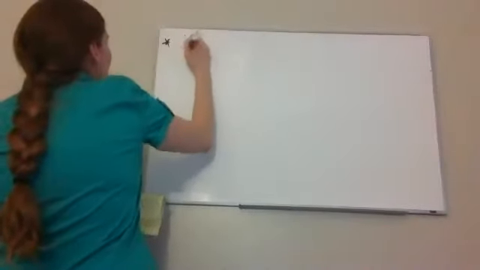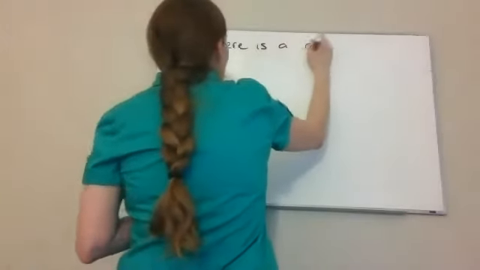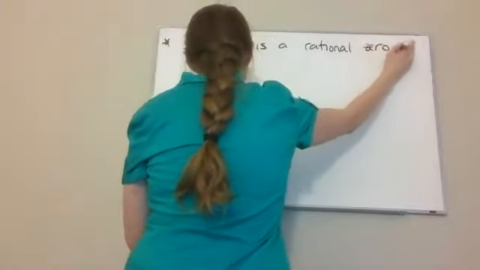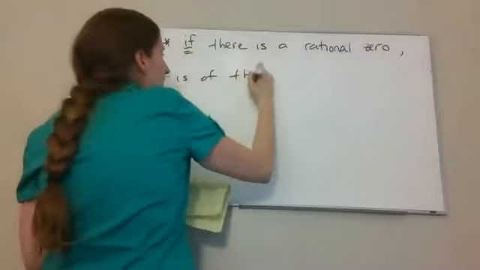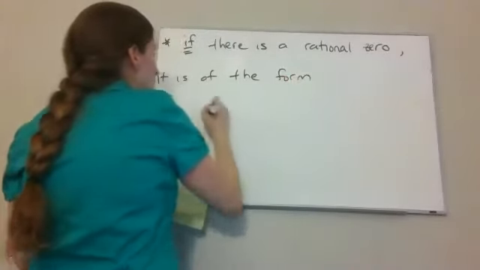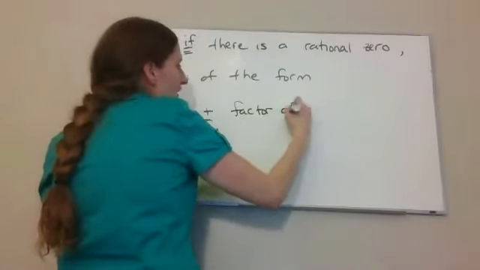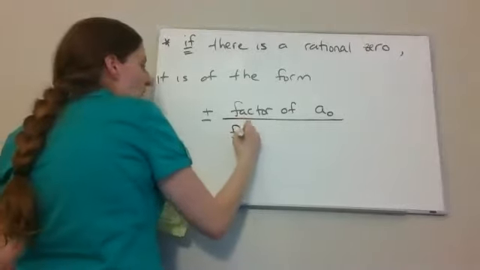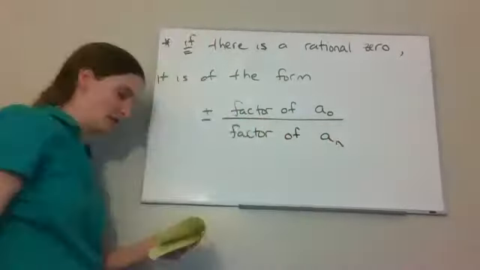This just says if there is a rational zero, it is of the form plus or minus a factor of your constant term over a factor of your leading coefficient.